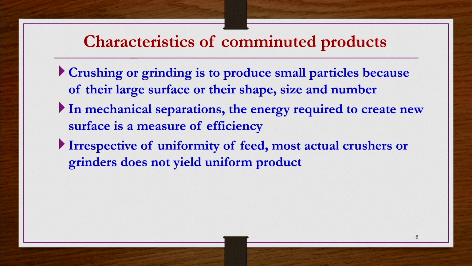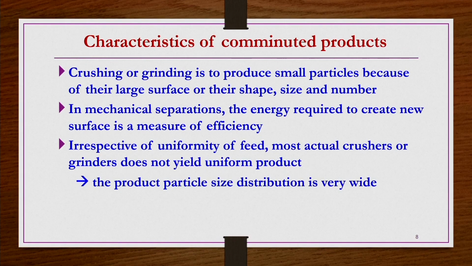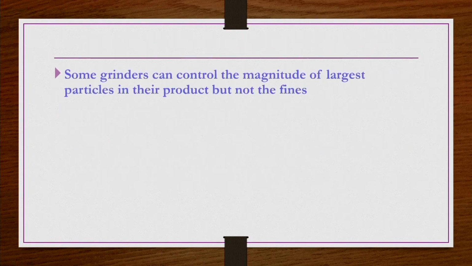As I already mentioned, irrespective of the uniformity of the feed, it may be very uniform in size, but after crushing or grinding you may not get a uniform product. So the product particle size distribution is very wide in general.